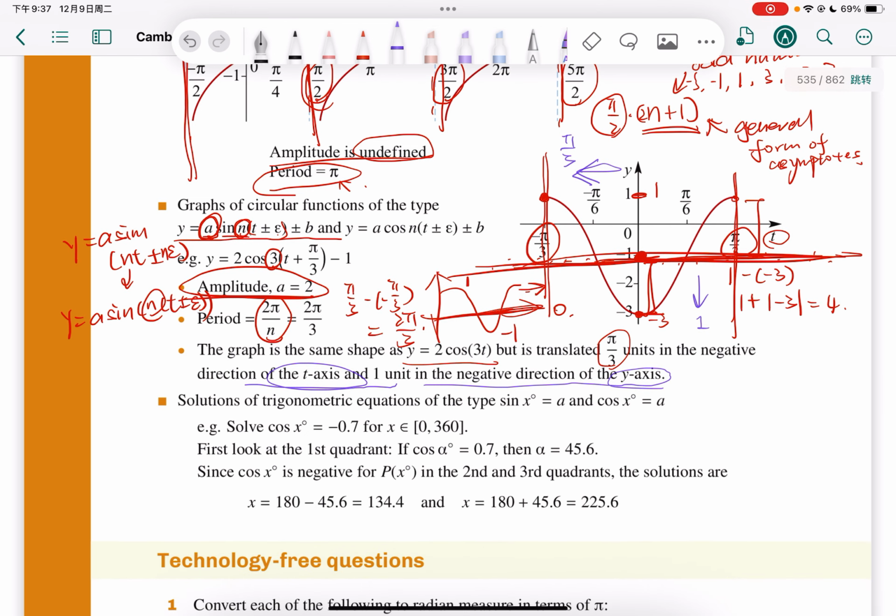And let's move on. Solutions of trigonometry equations of the type sine x equal to a. So if we have, for example, sine, this is a fact, and we can exchange it.